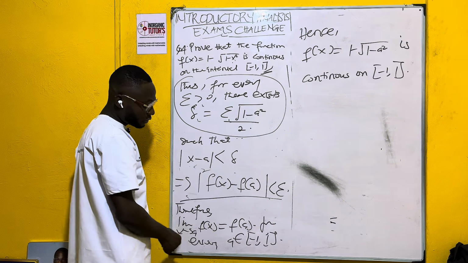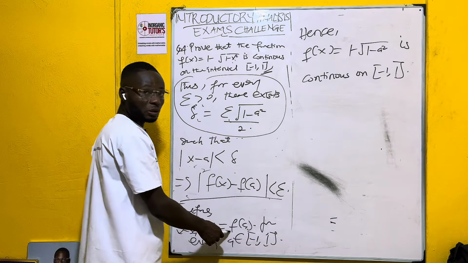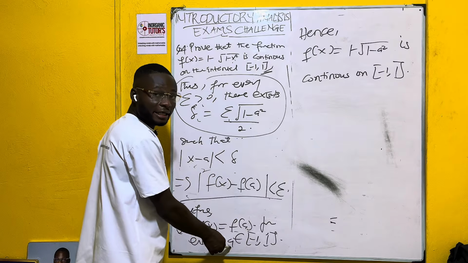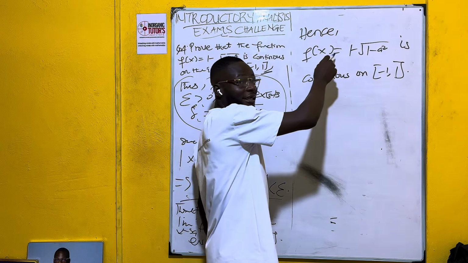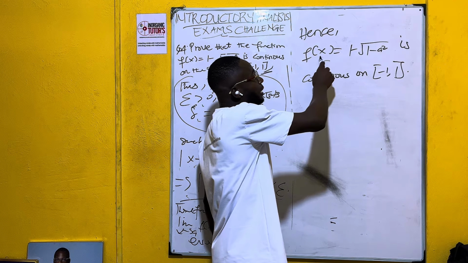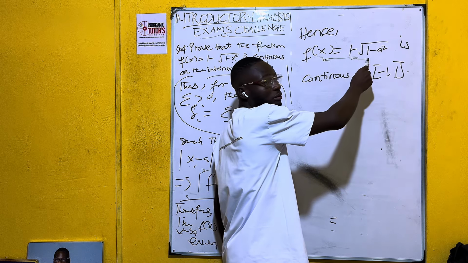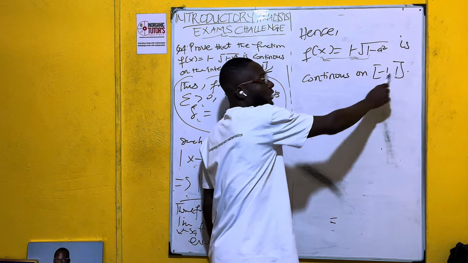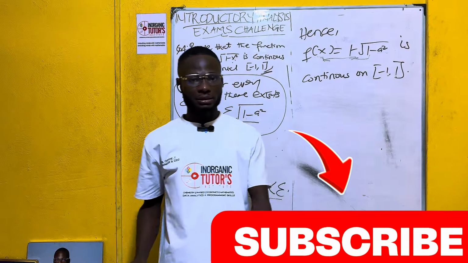Therefore, the limit of the function as s approaches a is equal to the function of the points for every point that is in the interval. Hence, we can say that the function f of x is equal to 1 minus square root of 1 minus a squared is continuous on the closed interval from -1 to 1.